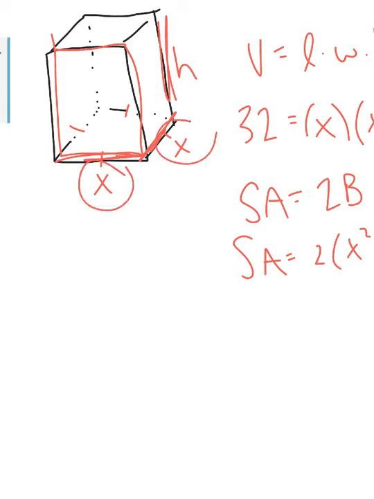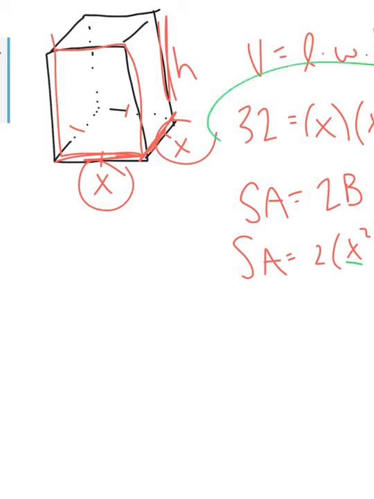So 2X squared plus 4X times H. Now the problem here is that you have 2 different variables. You have X's and you have H's. So we need to somehow get that to all be one variable.